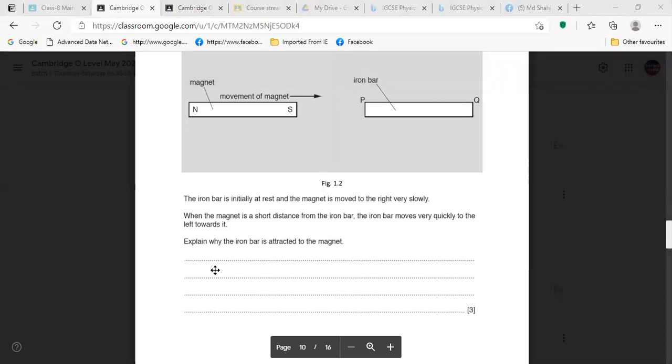First point is the iron bar gets magnetized, or you can say the iron bar turns to induced magnet.